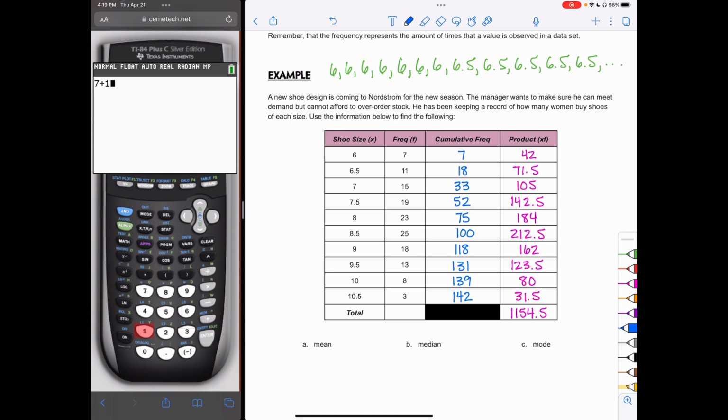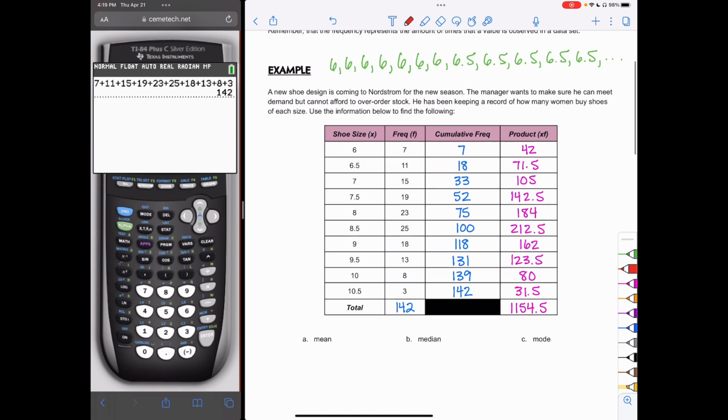So 7 plus 11 plus 15 plus 19 plus 23 plus 25 plus 18 plus 13 plus 8 plus 3 gives me 142. One thing that you will need to know is that if you take the sum of your frequencies, it is going to give you the actual last line of your cumulative frequency. They should be the same.